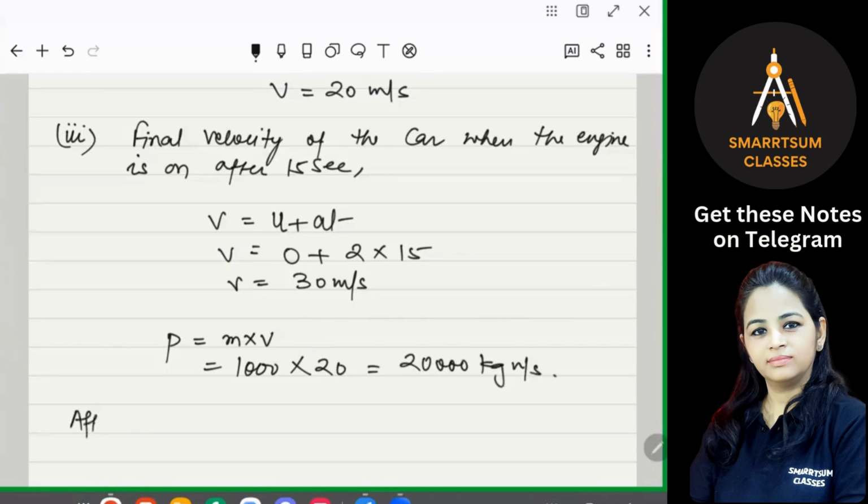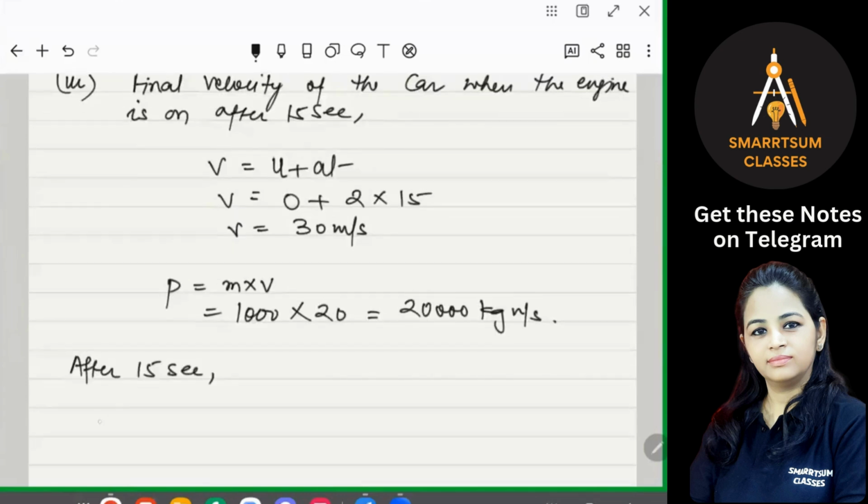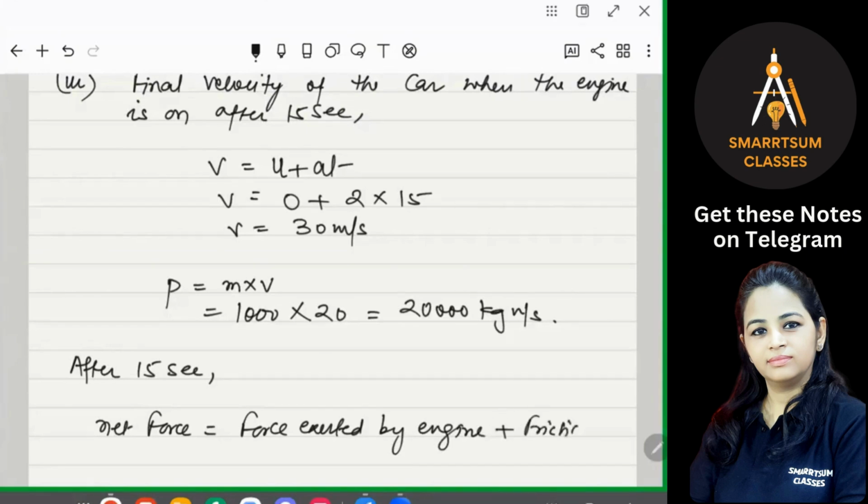Now after 15 seconds, what is happening? First, we will find out what the net force is. Net force is force exerted by the engine plus frictional force, right?